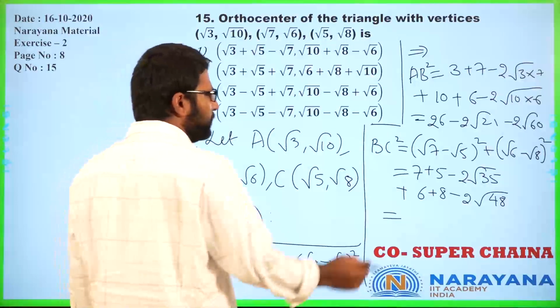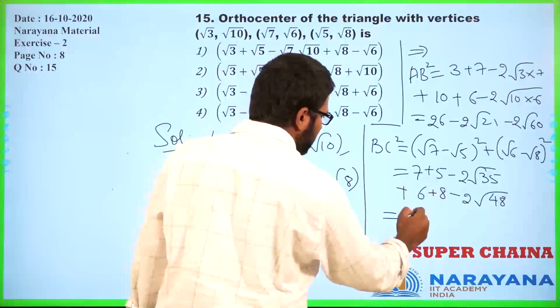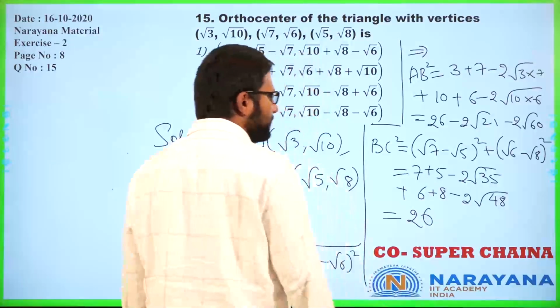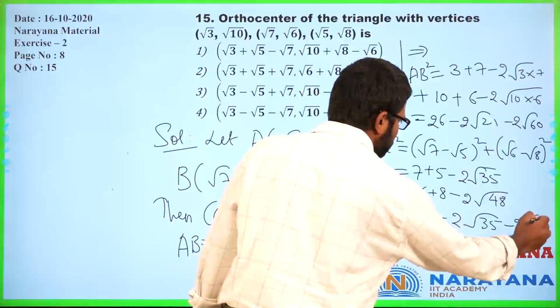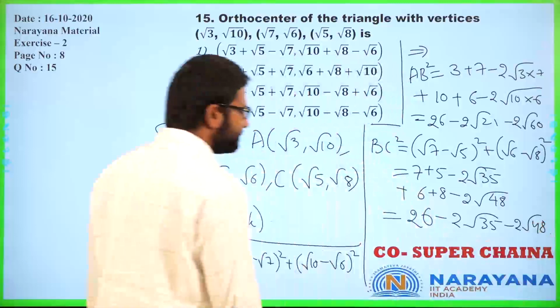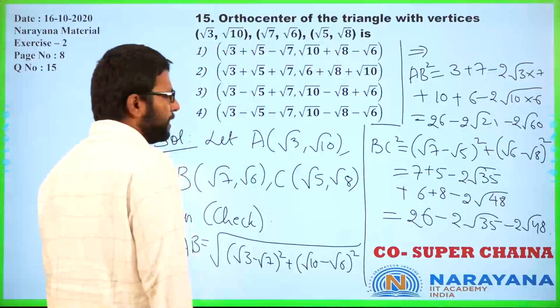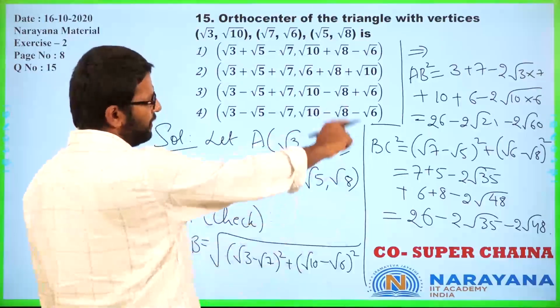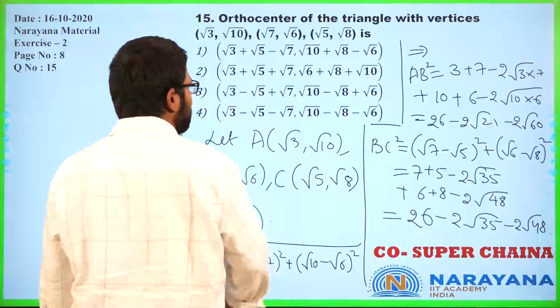That adds up to 12 plus 14, which is 26 again, minus 2 root 35 minus 2 root 48. Correct? That is not matching. 26 may be matching, but the square roots are not matching.